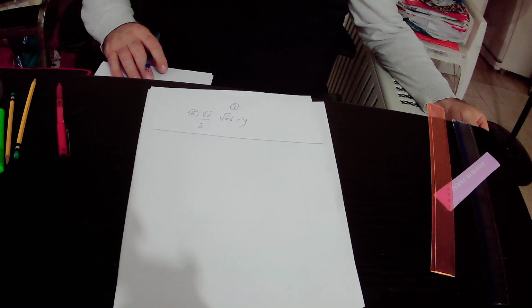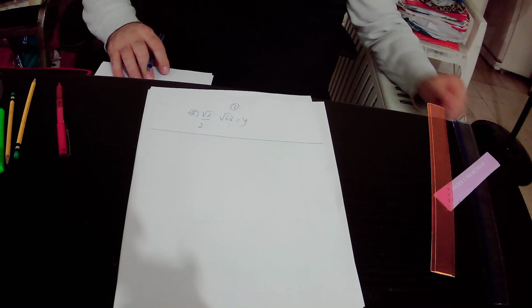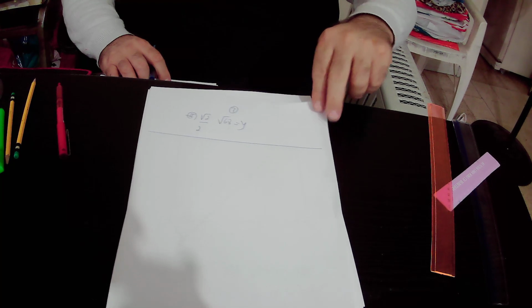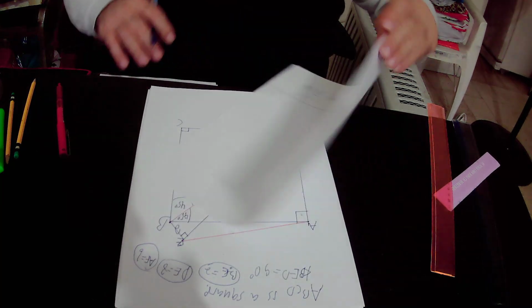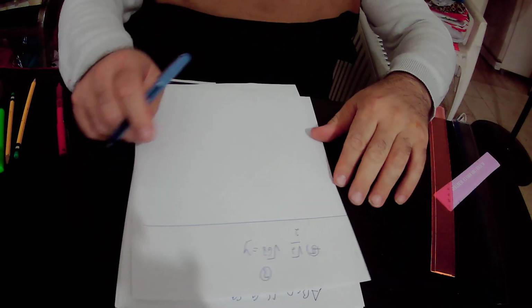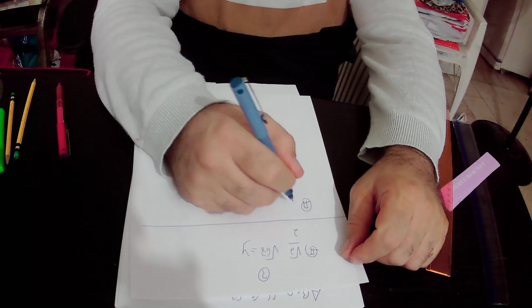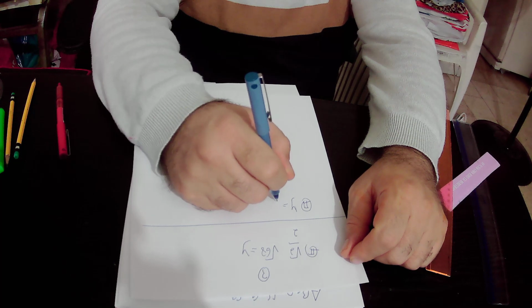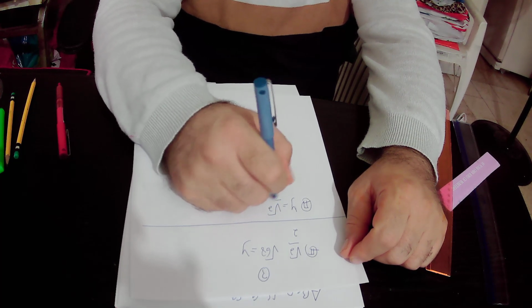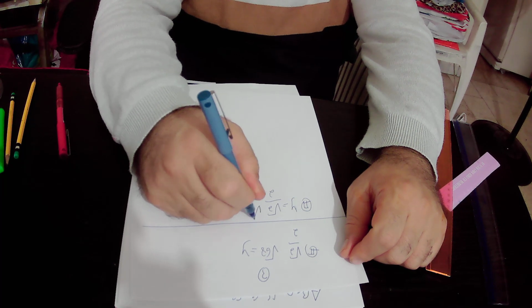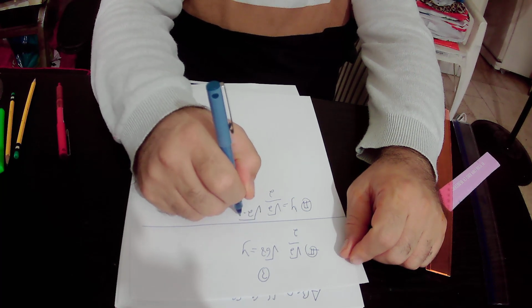We know that 68 is 34 times 2, so we substitute 68 by 34 times 2, and we get that y equals the square root of 2 over 2 times the square root of 2 times 34.